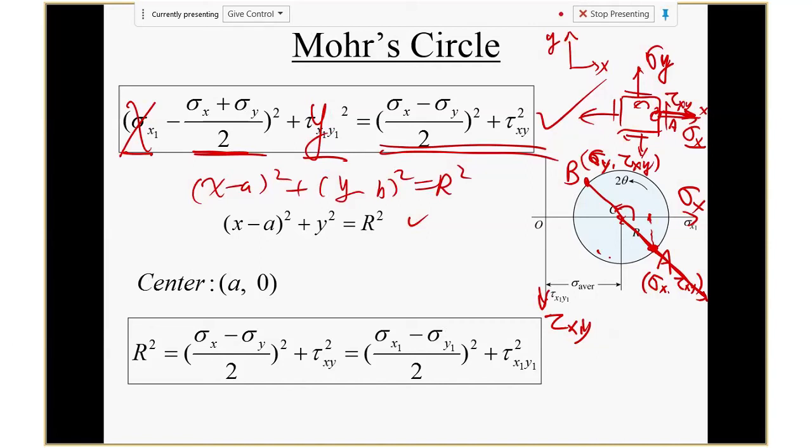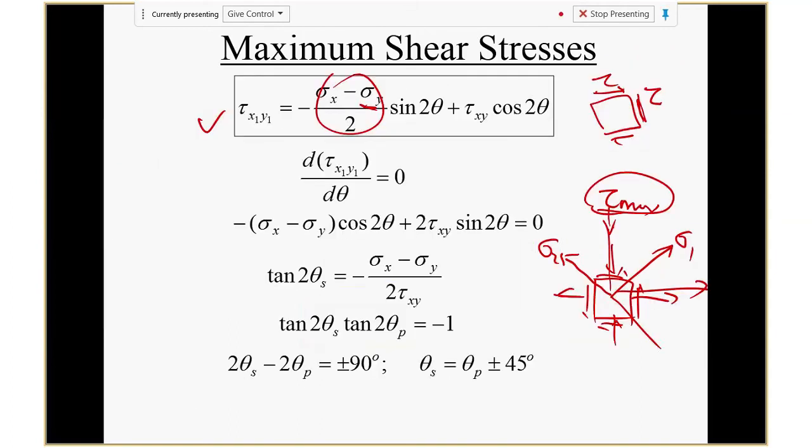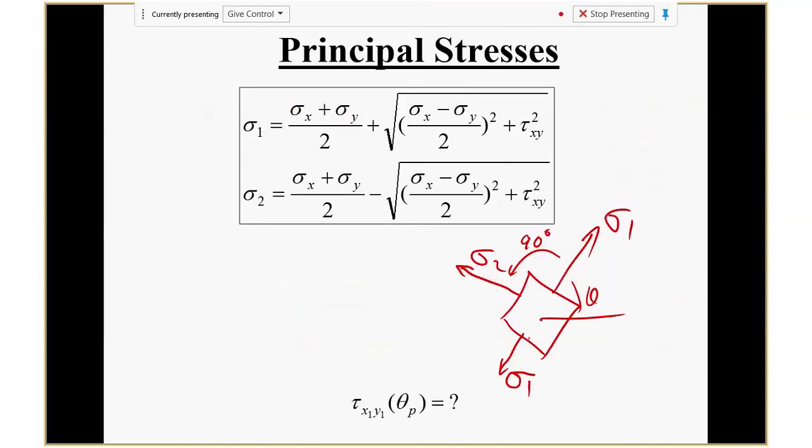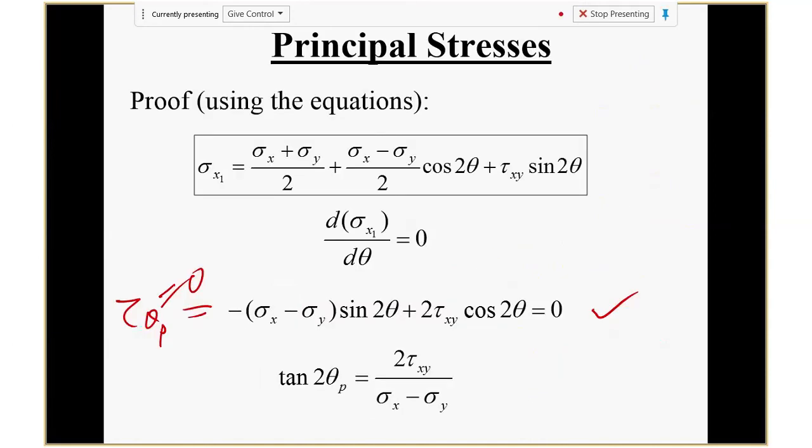How much angle do you need to rotate from the A direction to the B direction, from CA to CB? How many degrees do you rotate there? 180. Now remember our equation, where you rotate by 2 theta.